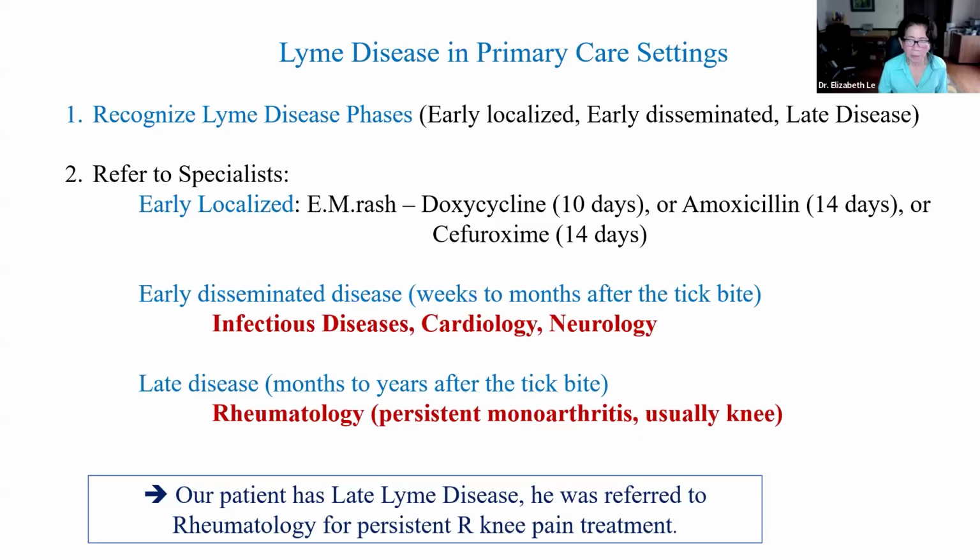And if it is an early disseminated disease, which occurs weeks to months after the tick bite, this can be a challenge because a lot of times we don't correlate the rash and the joint or the secondary manifestations. Then in this case, we have to refer to infectious disease, or if it affects the heart, cardiology, or Bell palsy, neurology.